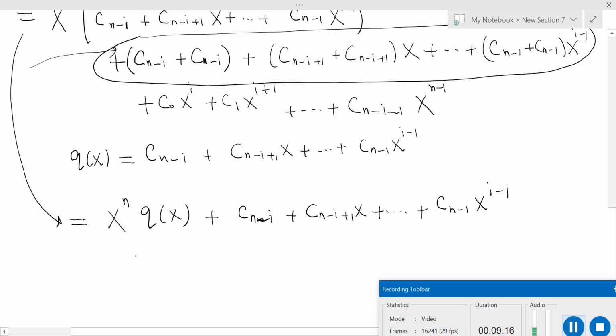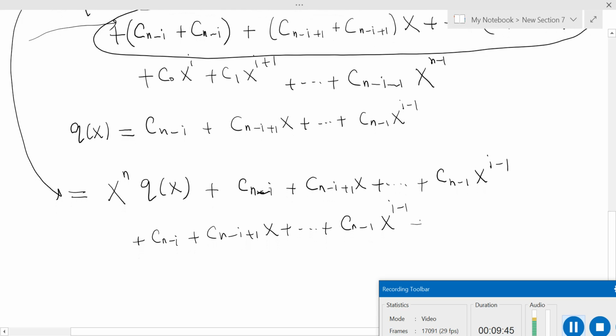Then I will write it again, C of n minus I plus 1 x plus, first I will write C of n minus I plus C of n minus I plus 1 x, C of n minus 1 x to the power I minus 1, and then the other terms, plus C0 x to the power I plus C1 x to the power I plus 1 plus Cn minus I minus 1 x to the power n minus 1.